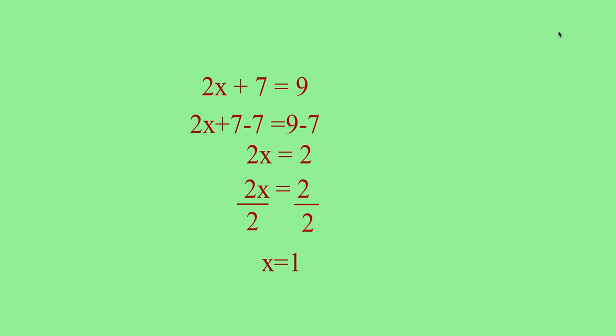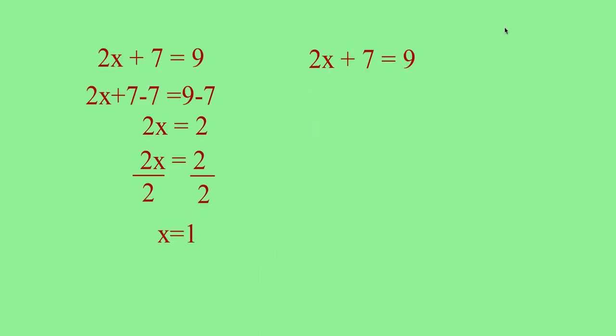But this whole step we can make short. This is the equation 2x plus 7 is equal to 9. We solved here. In the second step, we subtracted 7 from 9. Why did we subtract? It is plus 7 here. So plus 7 we can take to the other side.